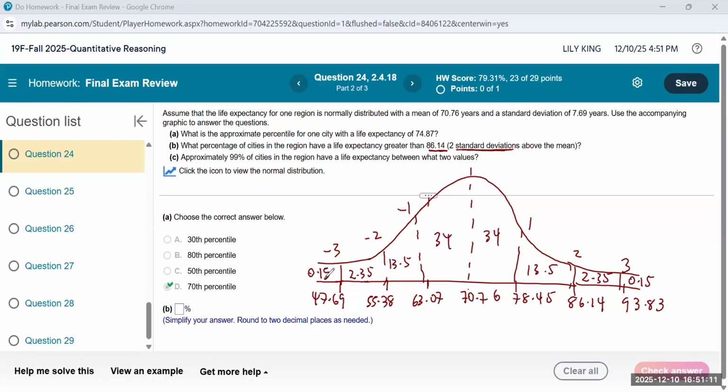All right, so I have all that I need to answer this question. The question says find the probability greater than 86.14. So this is 86.14, and I'm looking at all the percentages above that: 2.35 plus 0.15, which is 2.5%.